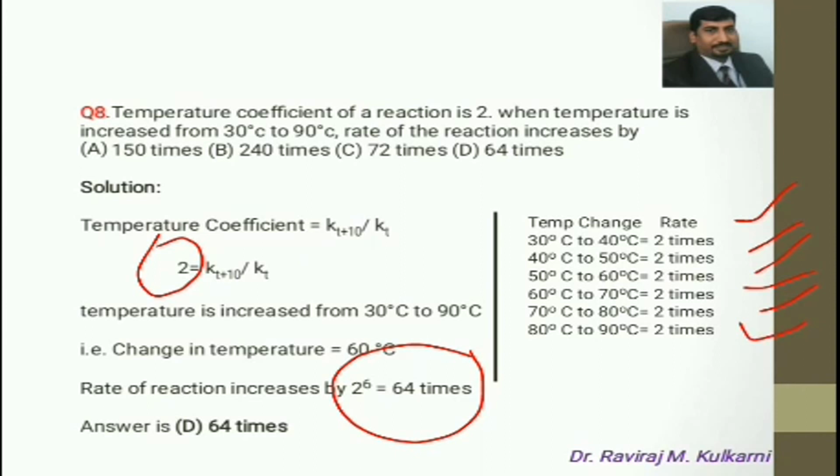So 2 raised to 6, that is 64. If the temperature is from 30 to 100 degrees Celsius, it is 2 raised to 7, that is 128 times. If it is 30 to 80 degrees Celsius, 2 raised to 5, that is 32 times. Here it is a 60 degree rise, so the answer is D, 64 times.